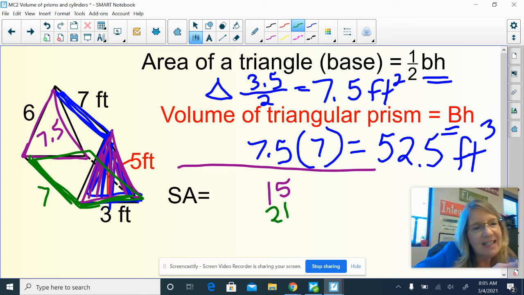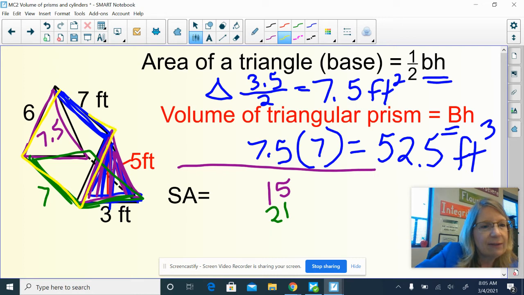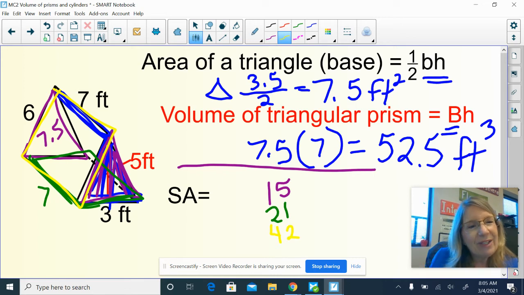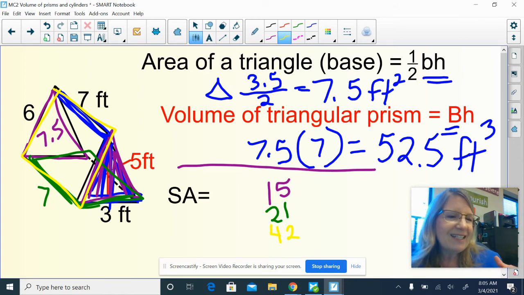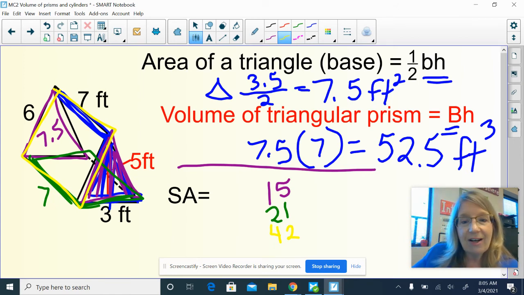The side facing us looks like 6 by 7. And 6 by 7 is 42. But I'm going to assume, because of the dimensions, that the side that we can't see, the side back there, is also 42. Let's see, we have our 2 triangles, we have all 3 rectangles.